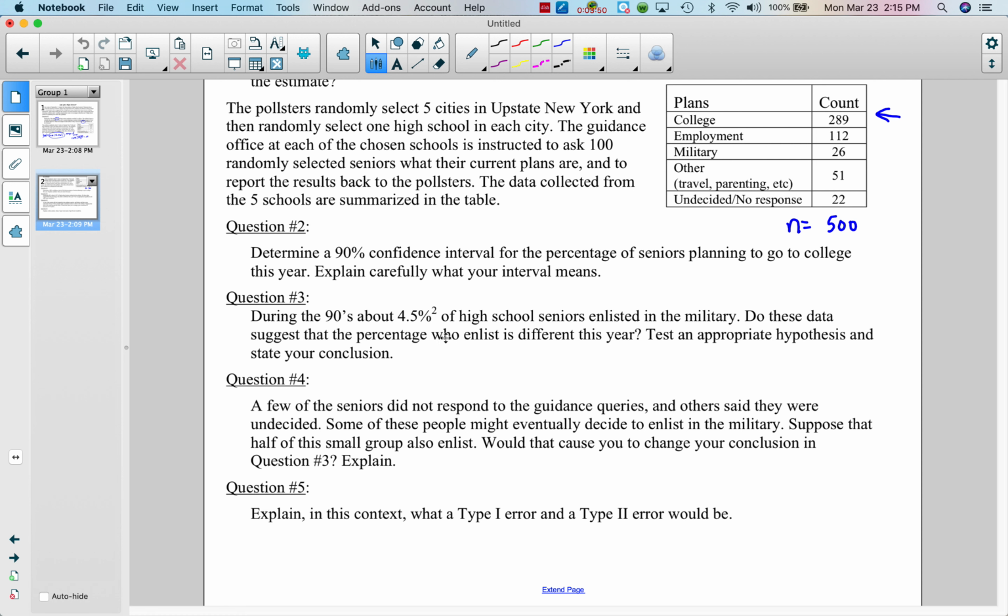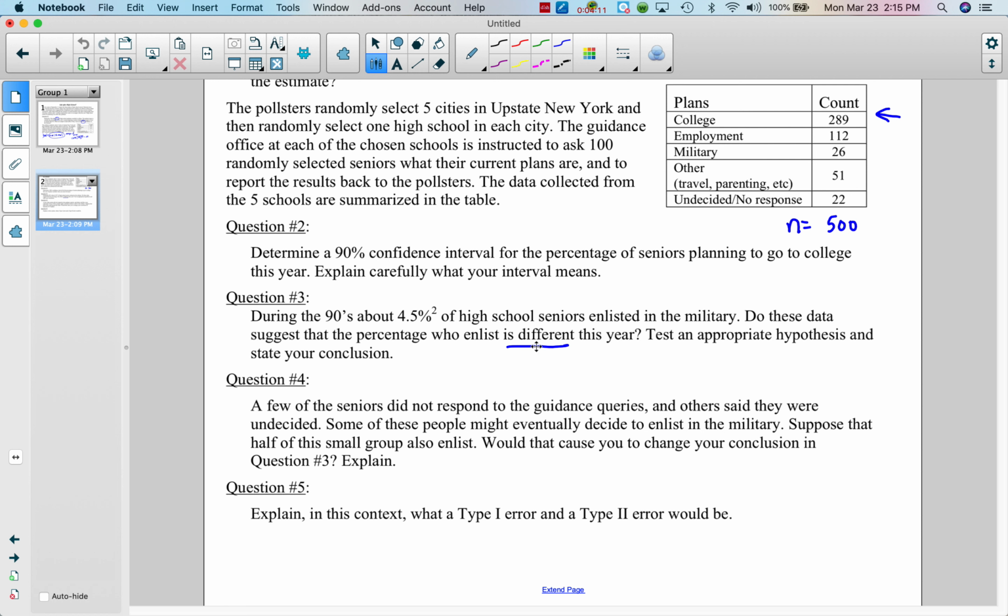Question 3: during the 90s, about 4.5% of high school seniors enlisted in the military. Do these data suggest that the percentage who enlist is different this year? Test appropriate hypotheses and state your conclusion. Your null hypothesis is going to be that it's the same, that p is still 0.045.